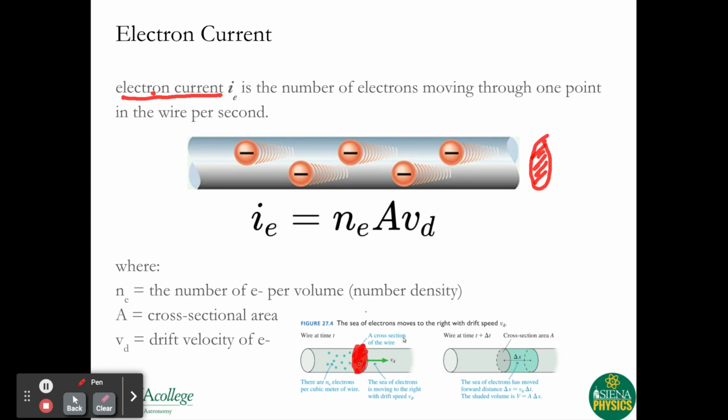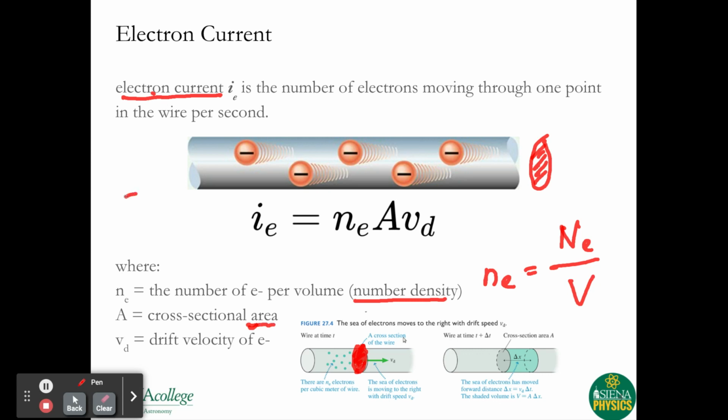And that is equal to this relationship. We have the number density of electrons, N sub E, the number of electrons per volume. This is just a property of the material that we're talking about. A is the cross-sectional area.